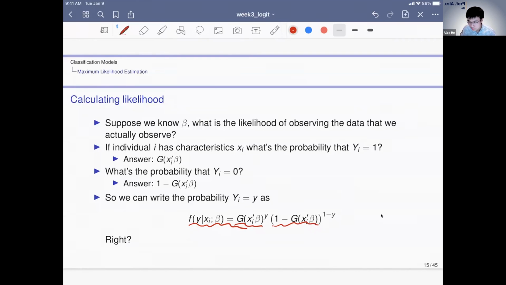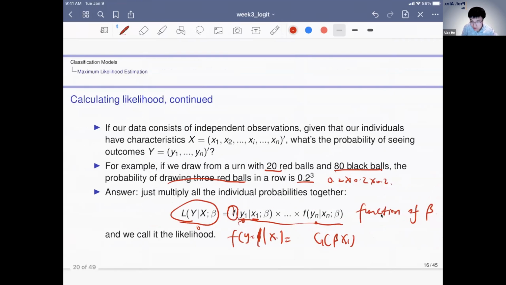But these are just notations, okay? So the thing we're doing here is what I've already described. For every observation, you have the x, you have the y. So for any beta, you can calculate the probability of you seeing that y given x. And then you do it for all the observations and multiply all the probabilities together.